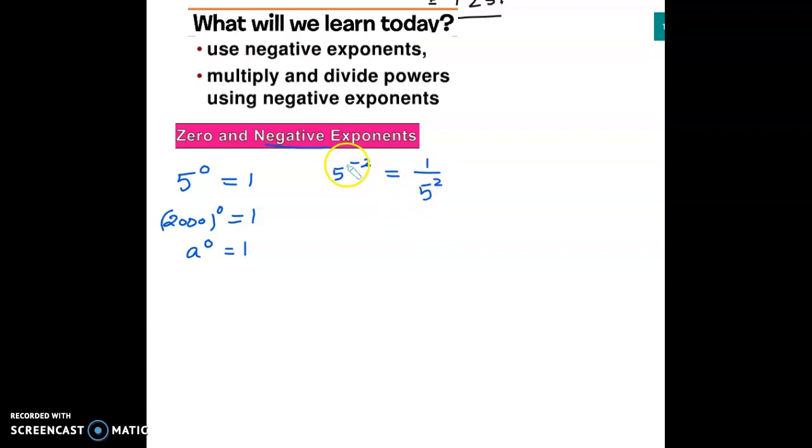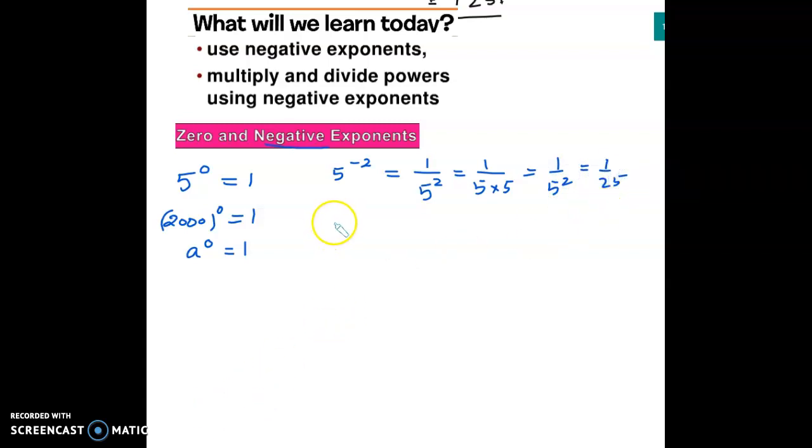So always remember, whenever you convert a negative exponent to positive exponent, you have to bring it down or flip it. Then it's going to be 1 over 5 to the second, which means 5 times 5, which is basically 1 over 25.